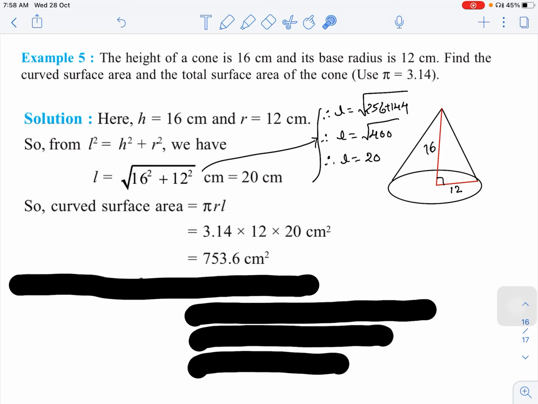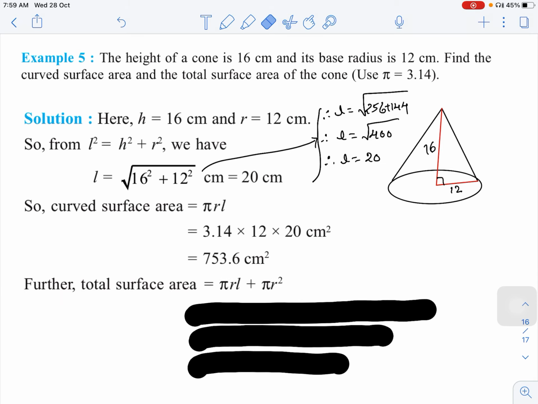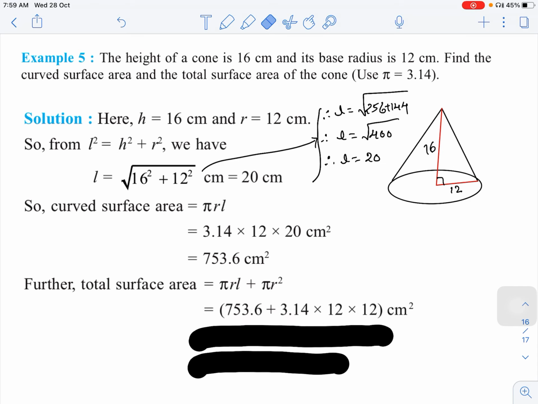Now we have to find the total surface area of the cone. So how to find the total surface area of the cone? We have the formula. Total surface area is nothing but the curved surface area plus the area of the circle. That is pi r l plus pi r square. Now we already have the value of pi r l, that is 753.6, plus pi r square, which is 3.14 into our radius 12, so 12 into 12.